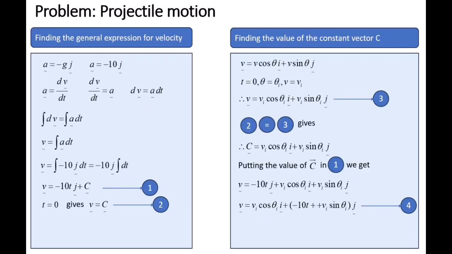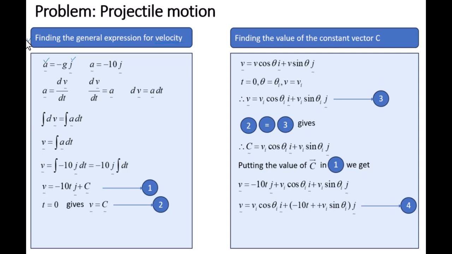So let's see what the steps involved are in the solution for problems related to projectile motion. The first and foremost step will be to find the general expression for the velocity. Within that, let's see what the steps are. The vector acceleration a will be equal to minus g times the unit vector j.